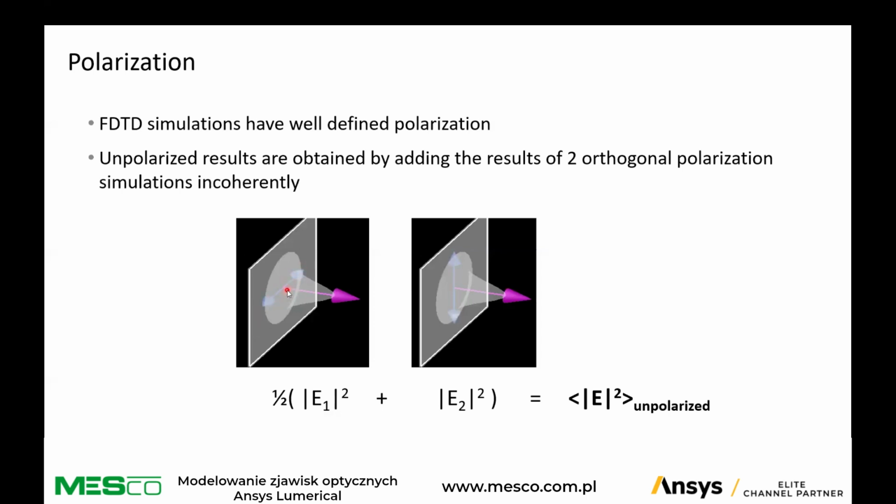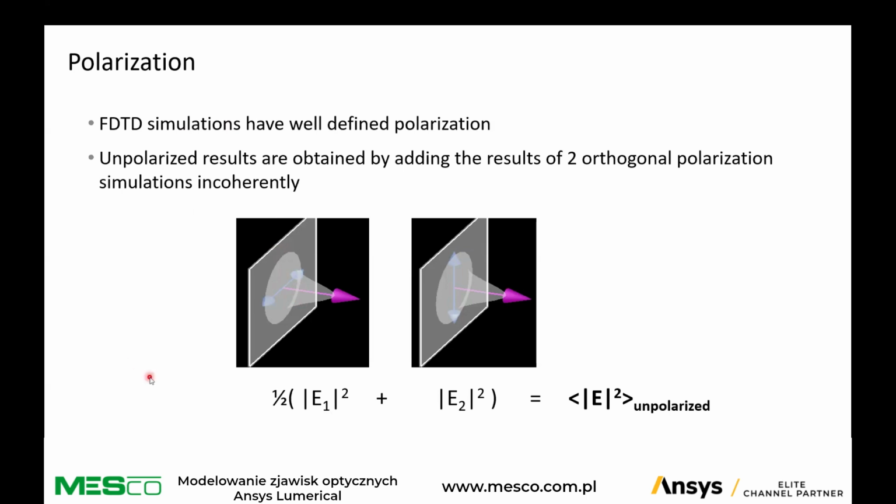We also have a green arrow for sources like here a Gaussian beam that represents the orientation of the magnetic field. So how can we get unpolarized results from polarized simulations?